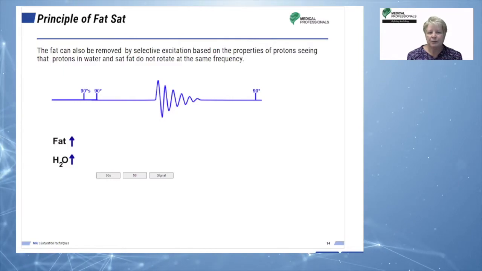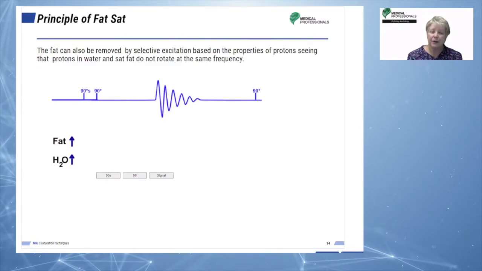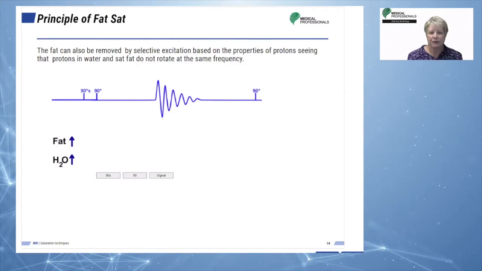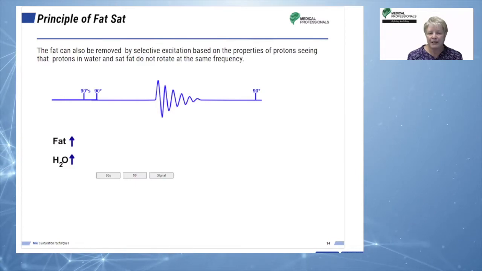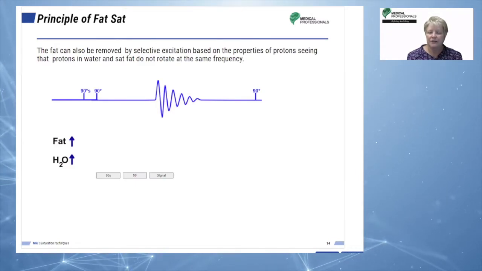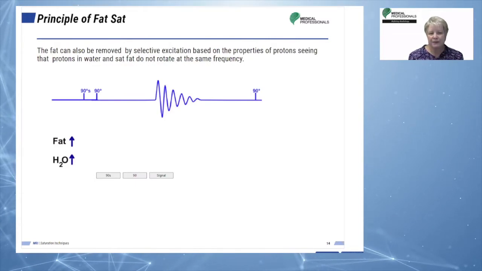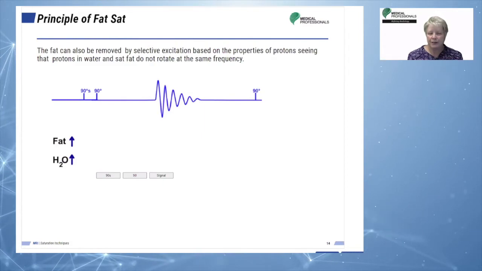The basic principle in MRI states in order to obtain resonance, we must have a radio frequency to match the rotational frequency. If we emit a radio frequency with a narrow emission bandwidth that is only the resonance frequency of fat, only fat will resonate and be flipped.